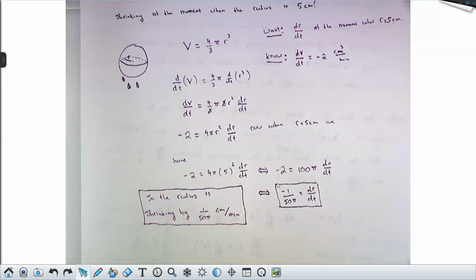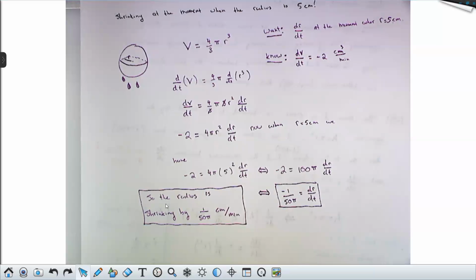If I just asked what is dr dt, then you would say -1/50 pi. If I ask you how fast is it shrinking, the shrinking is the negative. So you can just say 1/50 pi. Other questions or comments here?